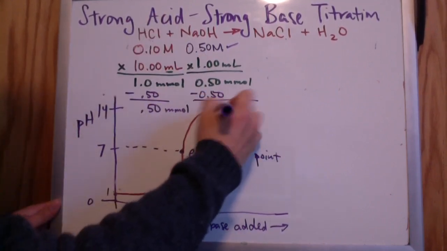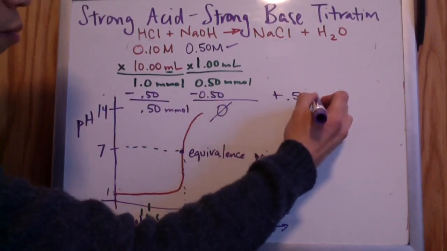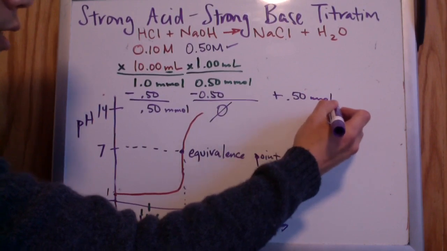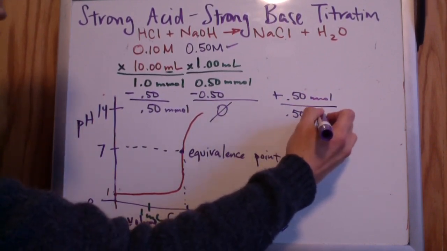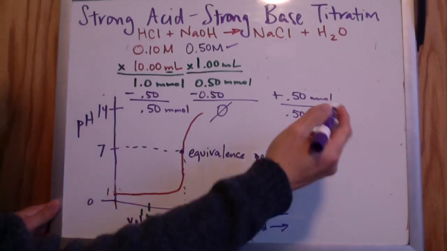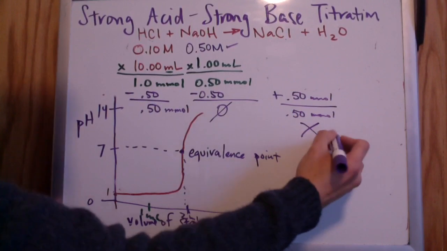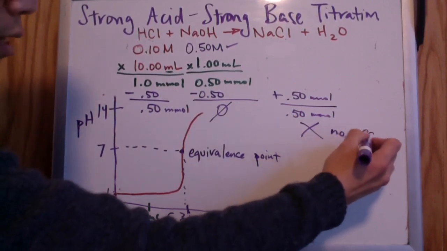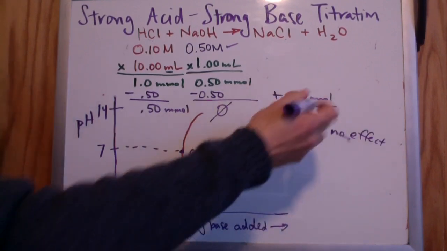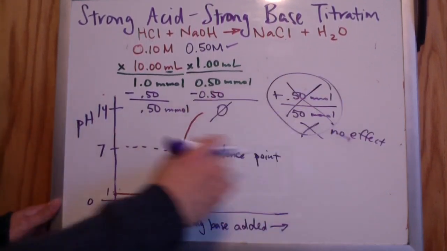We'd have no sodium hydroxide, and we would make 0.50 millimoles of NaCl as our product. Now, like we had said before, the NaCl we won't care about because it has no effect on the pH, because it'll still remain neutral. So we don't have to worry about this part in terms of determining the pH.